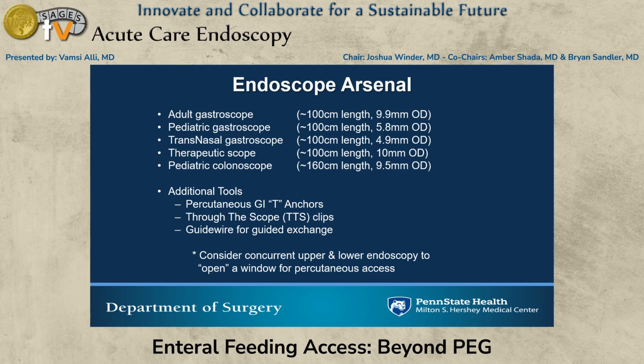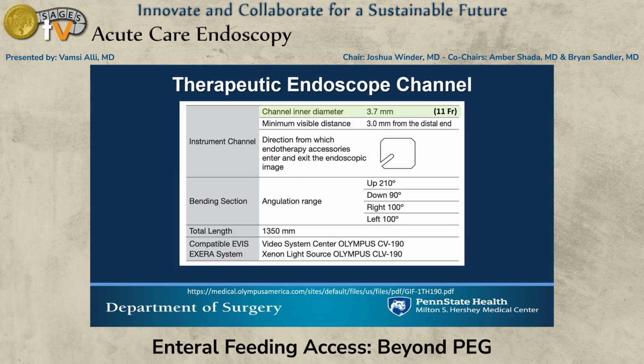Additional tools would be the T-anchors, which Dr. Rendell mentioned as well, through the scope clips, which we've spoken about, and guide wires for the guided exchange that I mentioned earlier. And sometimes when there really is a narrow window due to the transverse colon position, you can do concurrent lower endoscopy at the time of your feeding access to try and manipulate the colon out of the way and expand that window for percutaneous access.